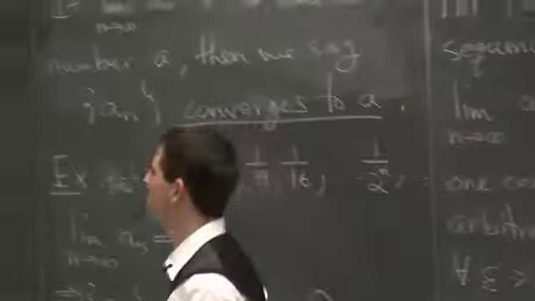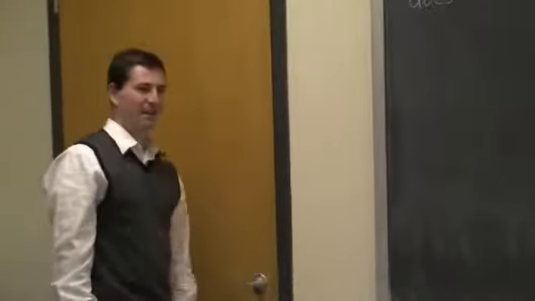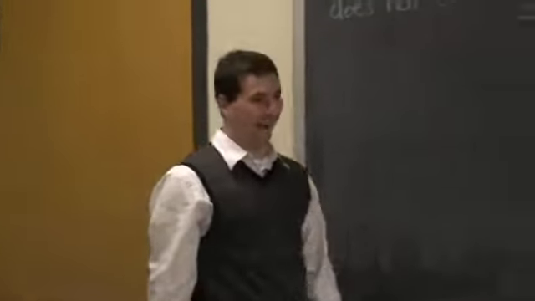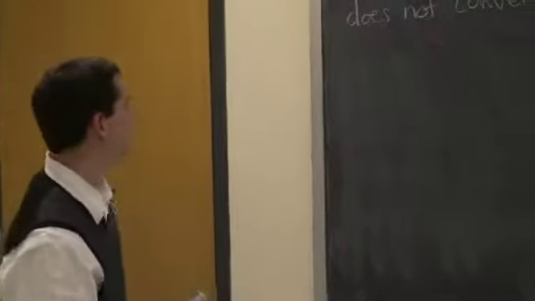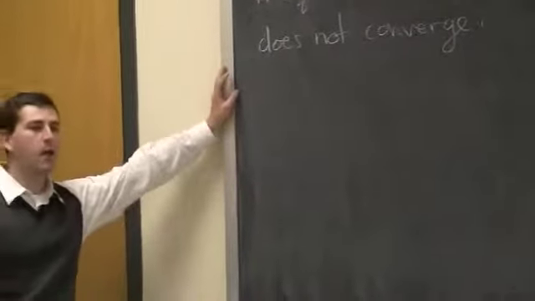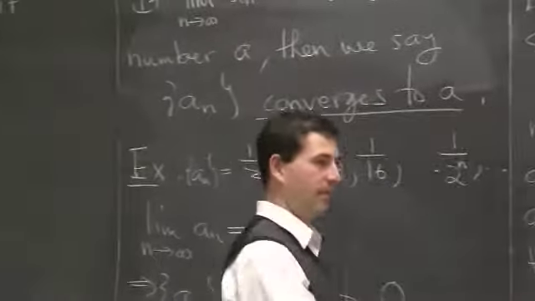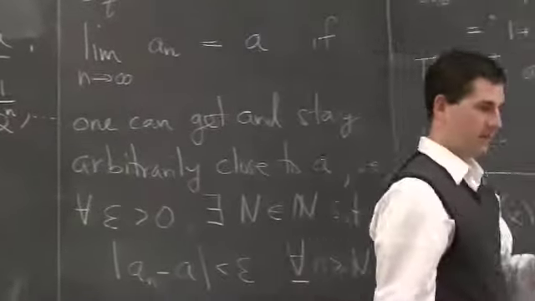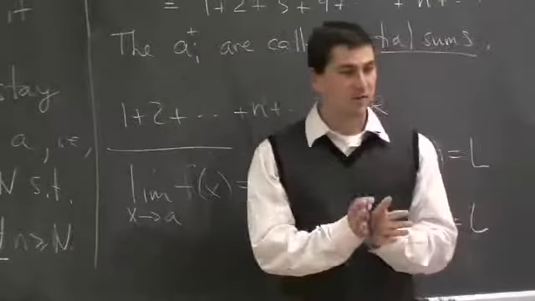Just like the finite and infinite bit. When is it infinite? When it's not finite. When does it diverge? When it doesn't converge. Awesome. Okay, now, within the world of sequences, there's a lot of them. It's going to be very easy to find ones that diverge, but that diverge in very different ways.